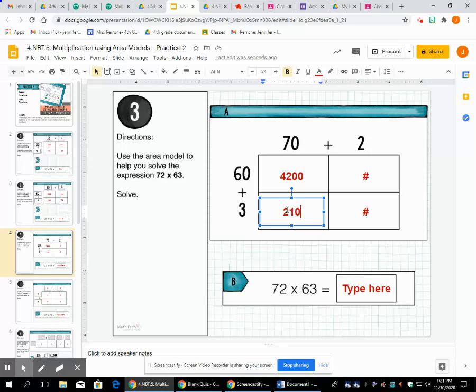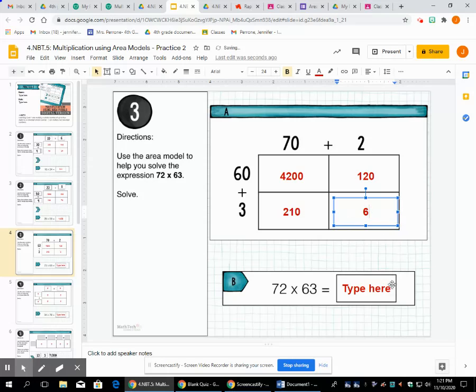Well, now let's look over here. My 2 is going to multiply by each number to the left. We're going to multiply the 2 by the 60 and by the 3. 6 times 2 equals 12 with 1 zero, so that gives me 120. 2 times 3 equals 6.